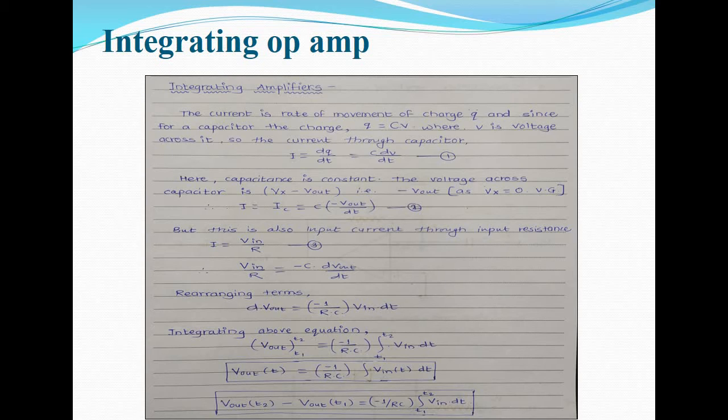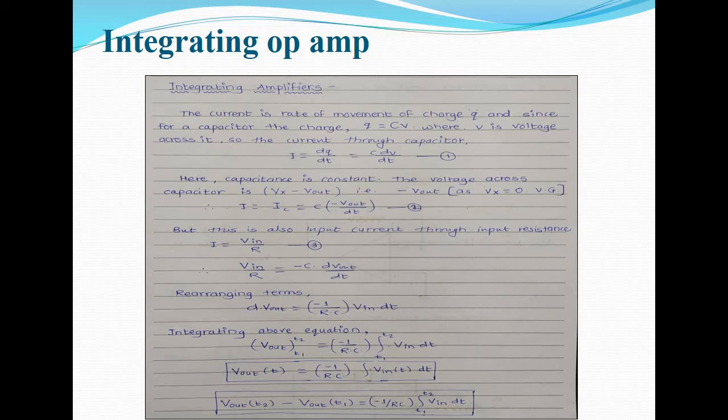Now let's derive a formula for the voltage at output. So current is the rate of movement of charge Q, and for a capacitor the charge Q is equal to C multiplied by V, where V is the voltage across it and C is the capacitance constant that we have seen.